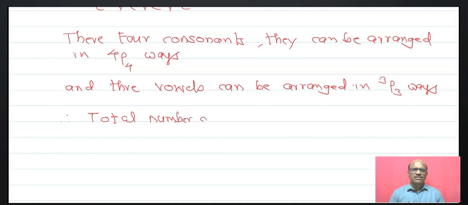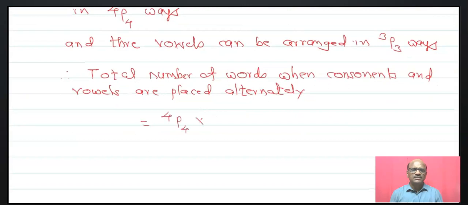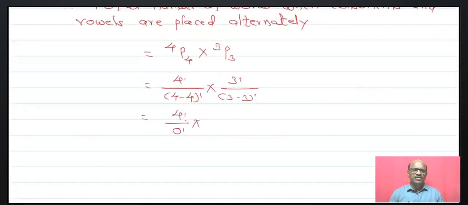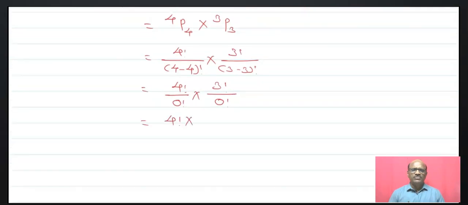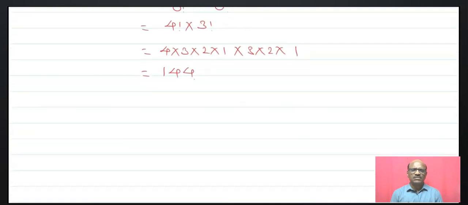Therefore, the total number of words when consonants and vowels are placed alternately is 4P4 into 3P3, that is 4 factorial upon (4 minus 4) factorial into 3 factorial upon (3 minus 3) factorial, overall it is 4 factorial into 3 factorial, that is 4 into 3 into 2 into 1 and 3 into 2 into 1, that is equal to 144 ways.